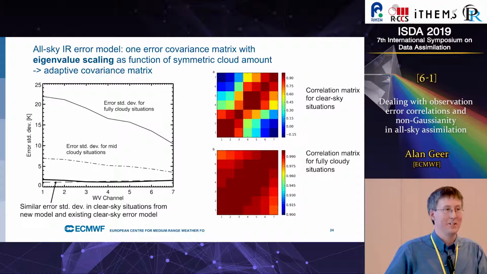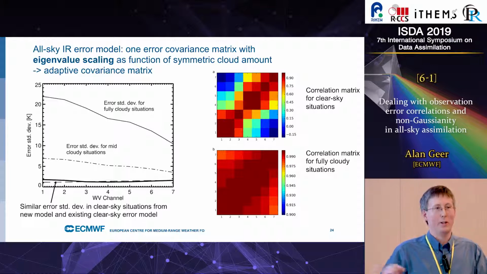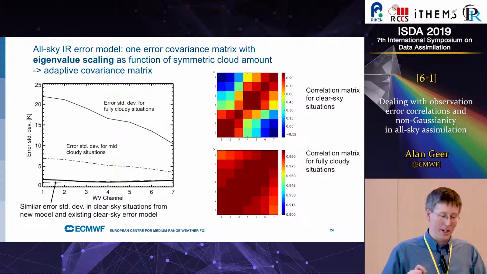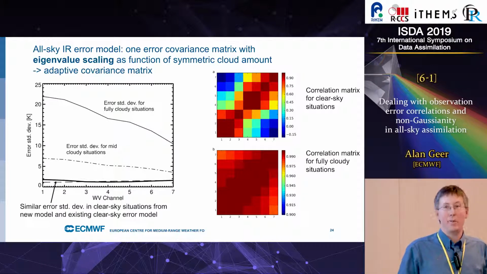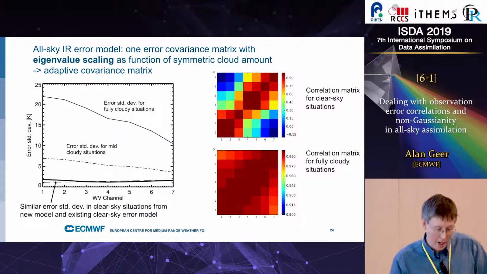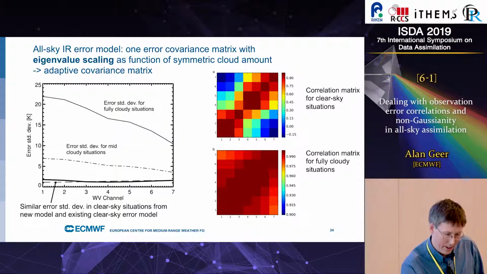And this allows us to vary the error standard deviations and also the correlations. So just by this one variation, we've got a fully adaptive error covariance matrix. I'm not saying this is any better than just having a lookup table like I showed you for the all-sky microwave, but it's another way of doing it.